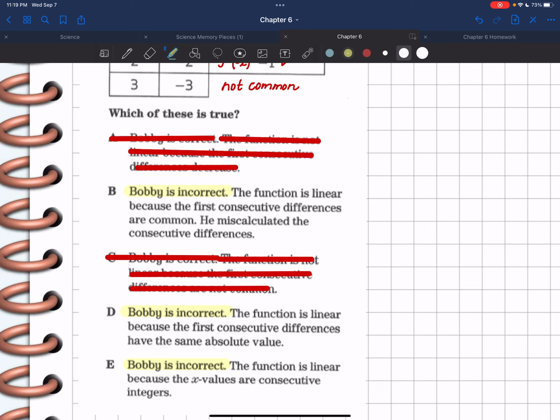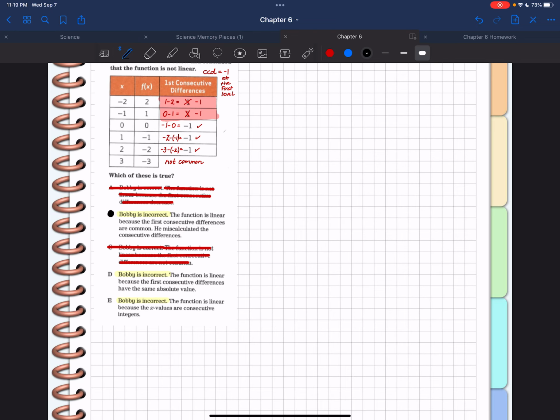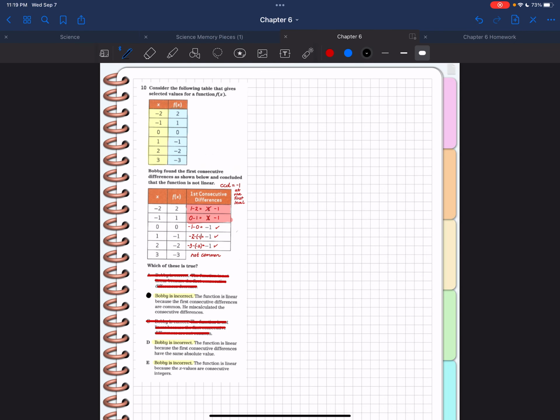The answer is B. He just miscalculated, as I myself have been known to do. That can happen to anybody, especially with this kind of problem. So for number 10, I like option B, as in boy.